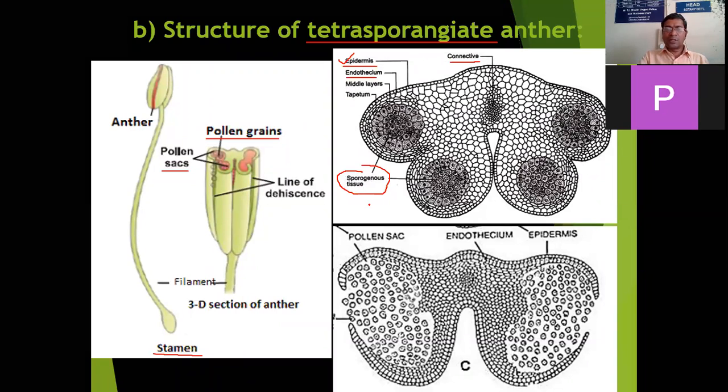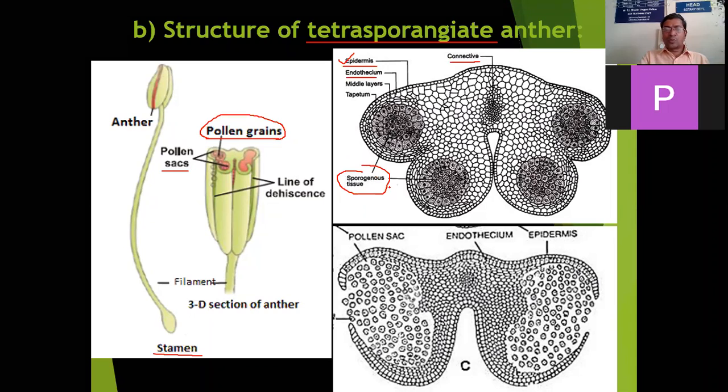The spore mother cells, after going through meiosis, produce the microspores, which are also called pollen grains. That is the alternate name.